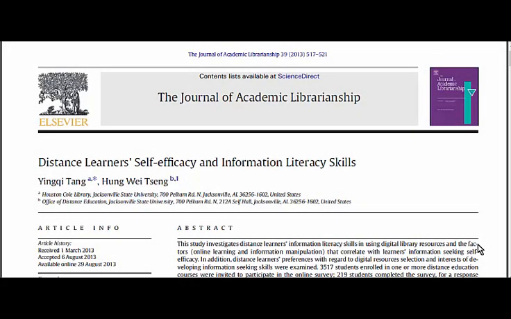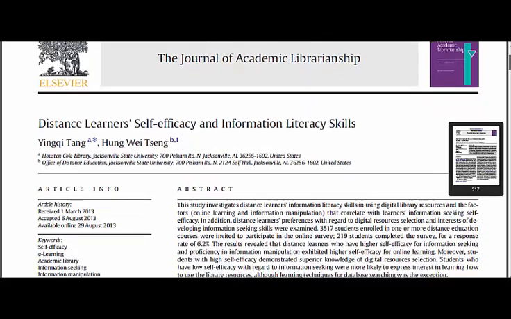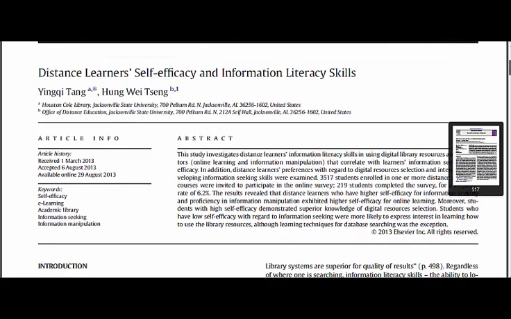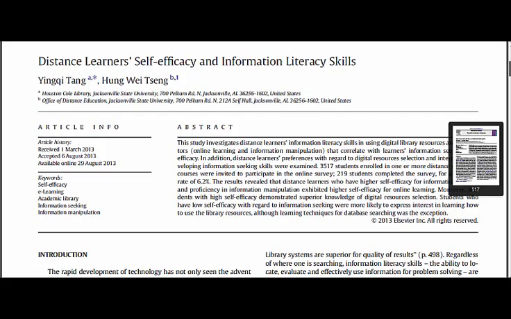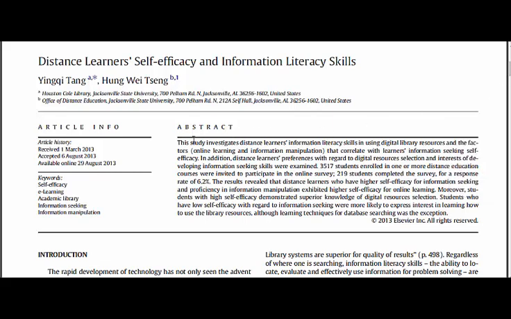The third criterion we are applying is accuracy. Accuracy refers to the truthfulness of the content contained in an information source. The content in this article is based on research that was conducted by the authors. This article consists of an abstract which gives a brief description about the article.